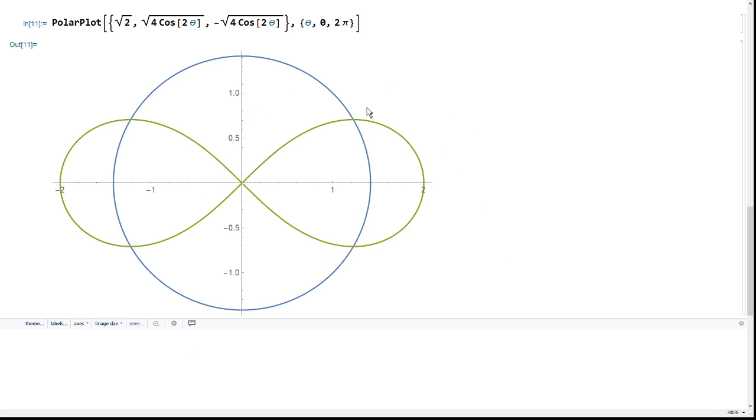Square root 2 is the circle of radius square root 2. All right, we're looking for the area in here. Here's the first quadrant, here's the fourth quadrant part. So we want to find that out.